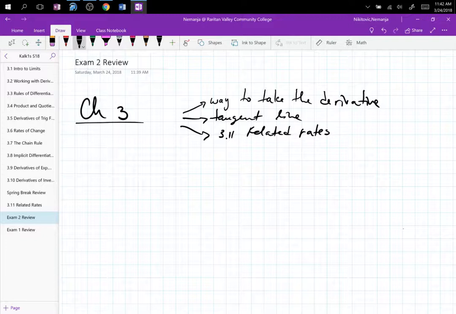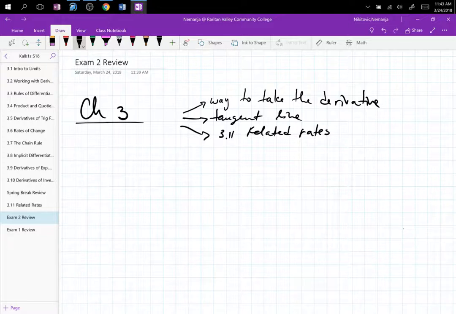What do you have under way to take the derivative? Limit definition from 3.1. I'm going to list all of this, but let's just go verbally through it. 3.1 limit definition, the long, painful one. 3.2 basic rules, right? And then you have product, quotient, chain, implicit, logarithmic, exponential, trigonometric, inverse trigonometric, right?